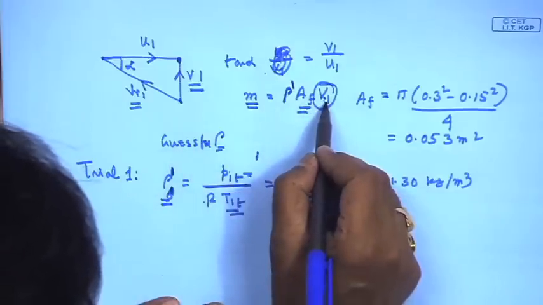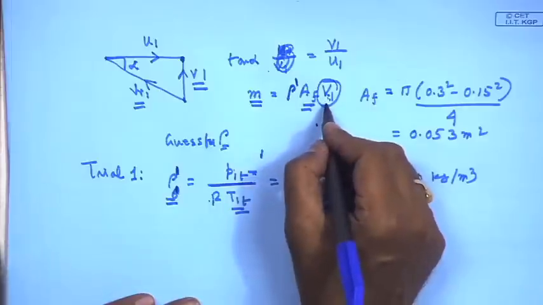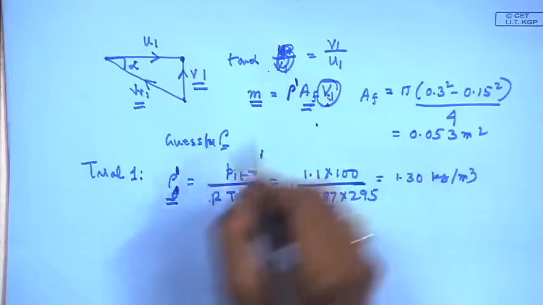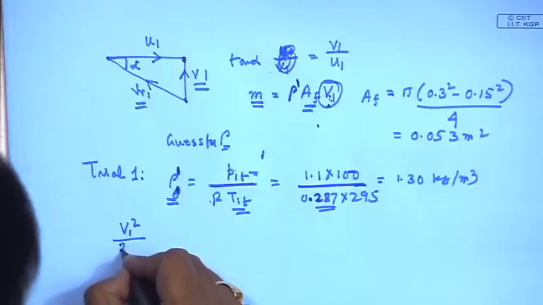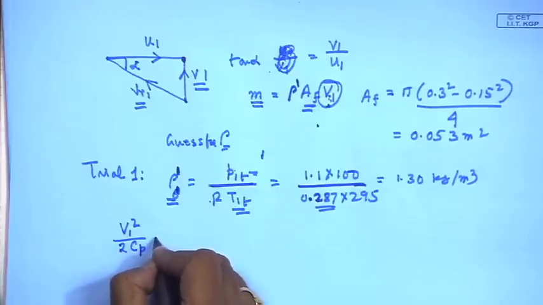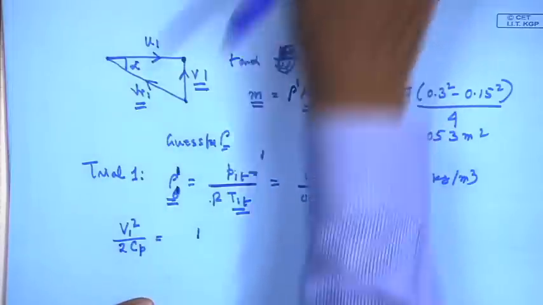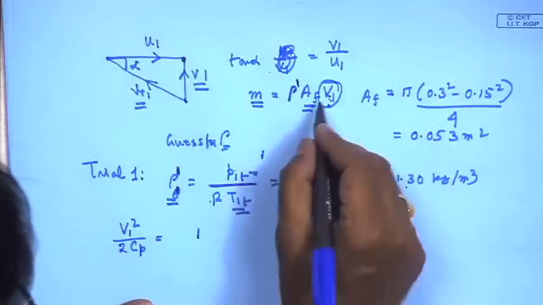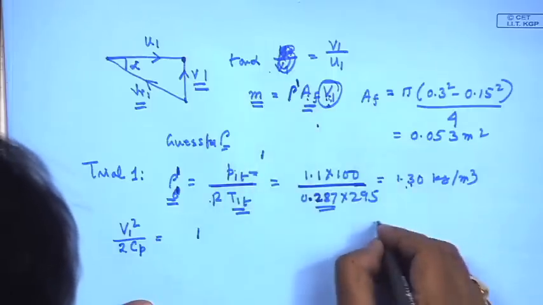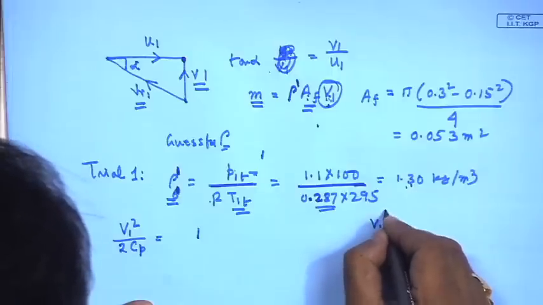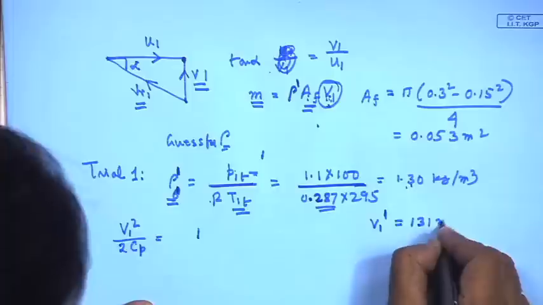Now when you get the value of V1, how to iterate? There should be a base on which you will iterate. When you get the value of V1, you can calculate the corresponding dynamic temperature by V1 squared by 2 Cp. For example, from this density you find out the V1, and V1 for one trial will be 131 meter per second.